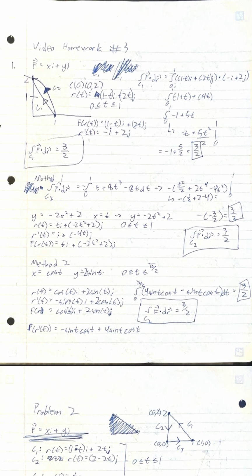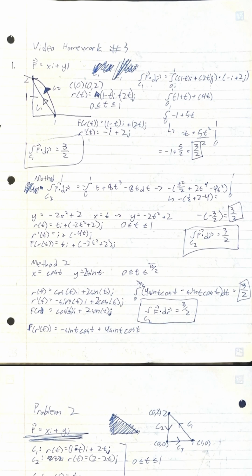And then to actually do the integral, the integral over C1 is the dot product of the vector field F and the derivative of the parameterization. To get the vector field component, we have to plug r(t) into F, and we get (1 minus t)i plus 2tj, and the derivative of r(t), which I wrote right under that, is just negative i plus 2j.